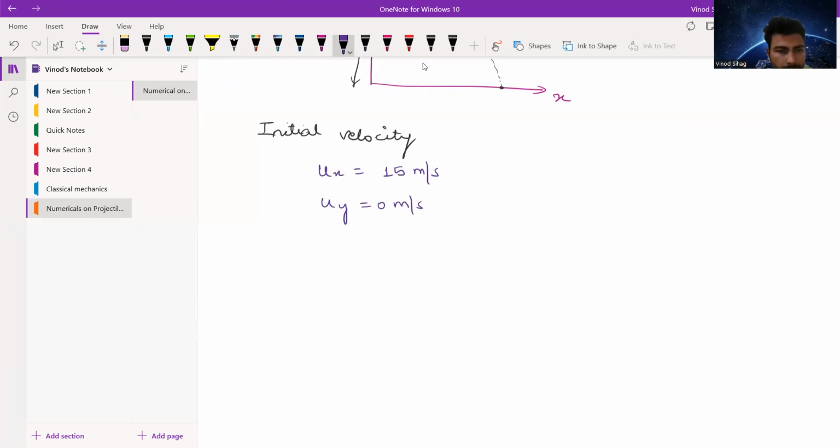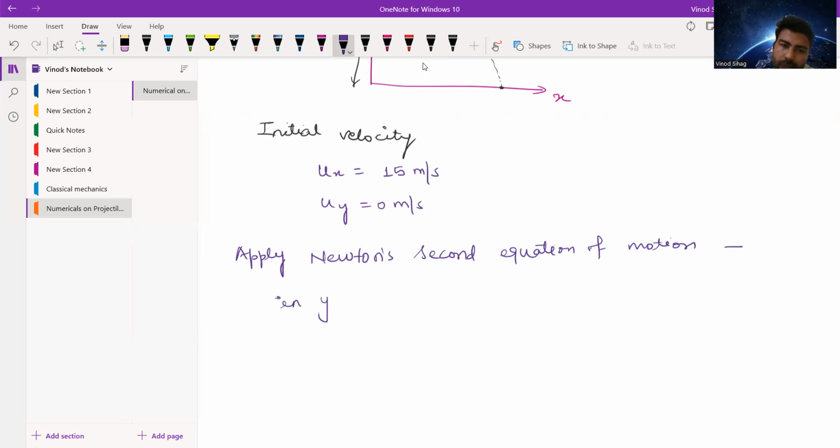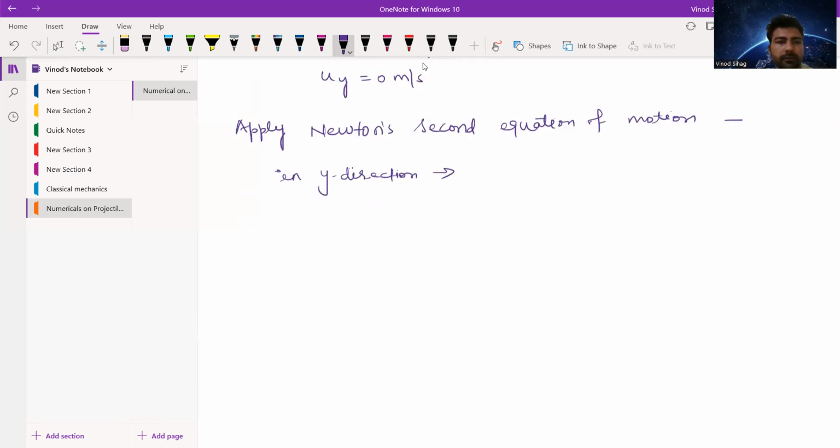Now apply Newton's second equation of motion in the y direction. So what is the equation of motion in the y direction?